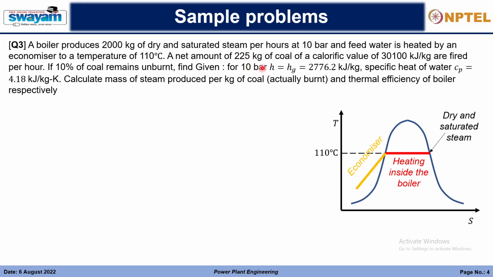So we know the rate of coal being used per hour, and we also know that 10% of the coal remains unburned. That is a very practical condition: 10% of the coal may not be burnt in practical conditions. Now we have to calculate the mass of steam produced per kg of coal actually burnt, and the thermal efficiency of the boiler respectively.